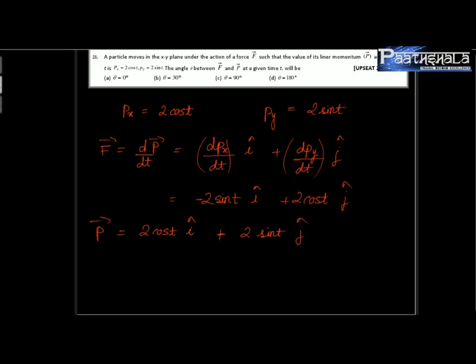I invite you to verify that F dot P turns out to be 0. Therefore, the angle between them, cos theta is equal to 0, and theta is equal to 90 degrees.